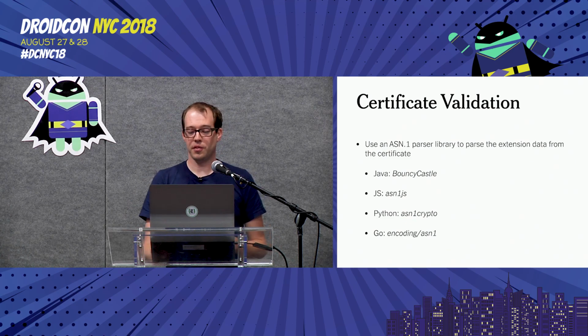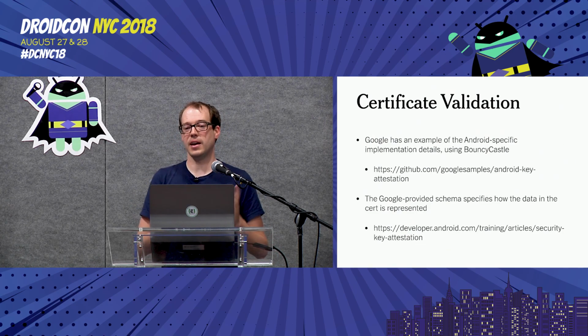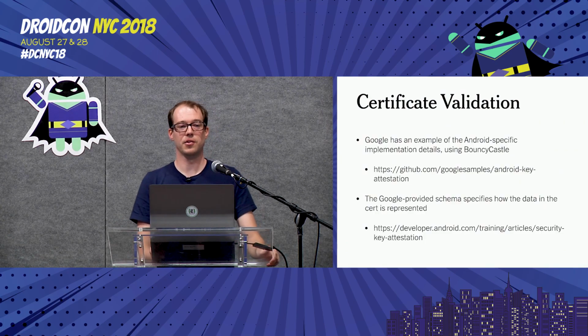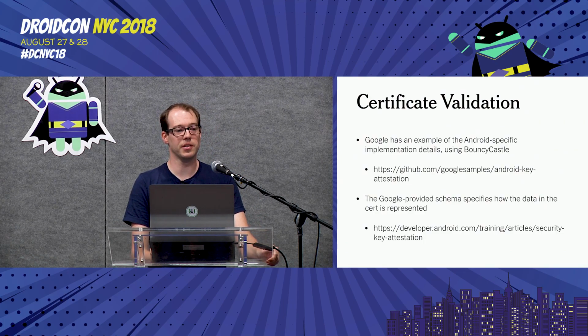There's example code that Google has for an Android-specific implementation, and they use Bouncy Castle. And there's a key attestation example in the Google samples GitHub.